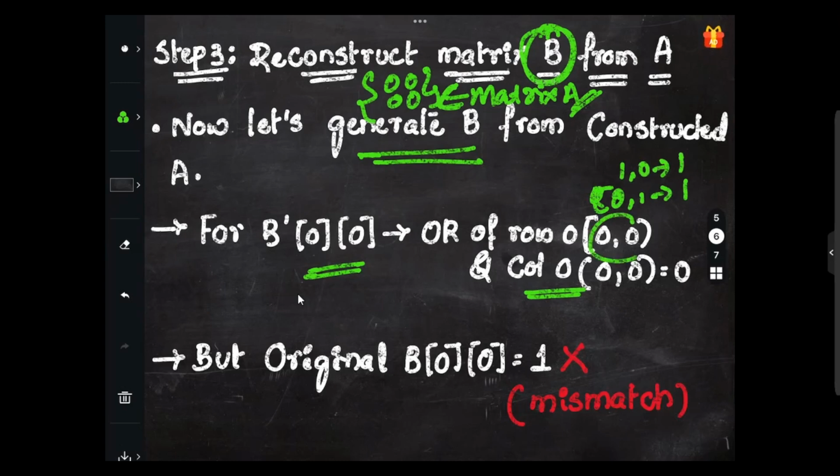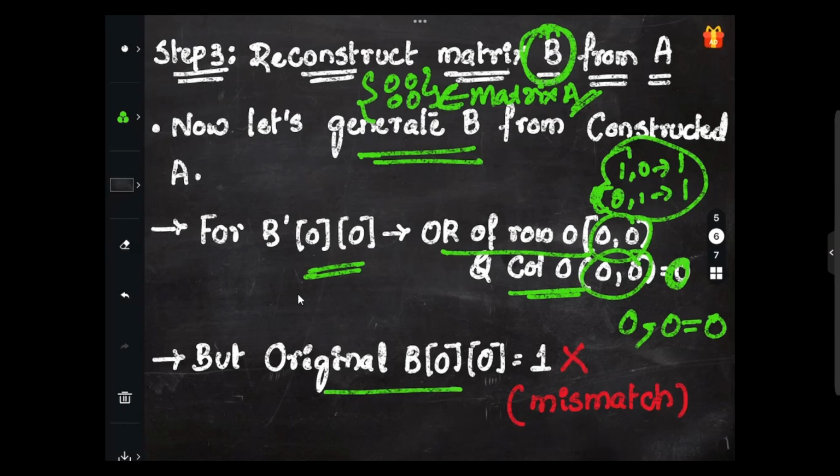Here in this case we have 0 comma 0 and 0 comma 0, so for b of 0 0, OR of row 0 and column 0 of 0 comma 0, for both, the value will be quite obviously 0. For logical OR 0 comma 0, the output will be 0 here in this case, right? 1 has to be present at least once, and it can be present on either side. So 0 0 will be 0 itself, 1 0 will be 1, 0 comma 1 will be 1 for the OR. So here in this case the value will be 0.